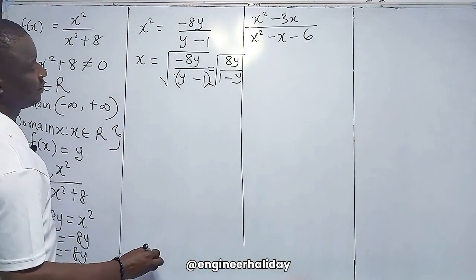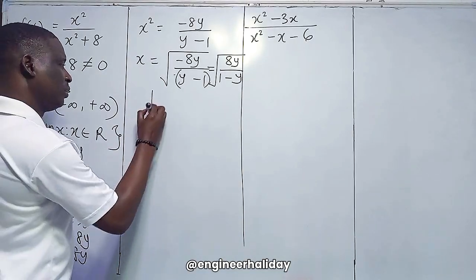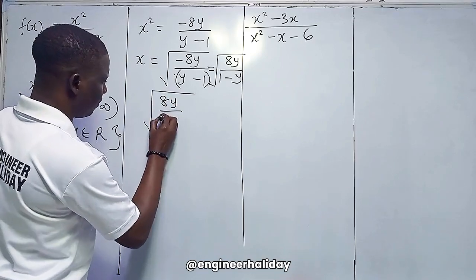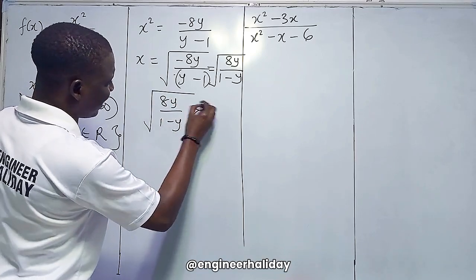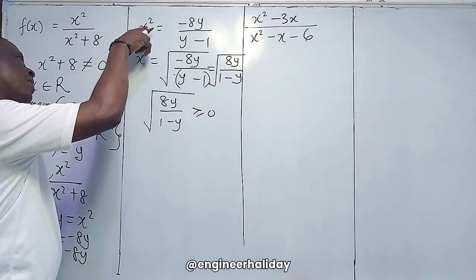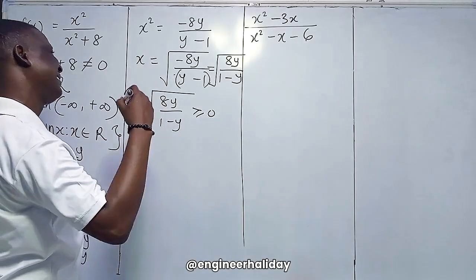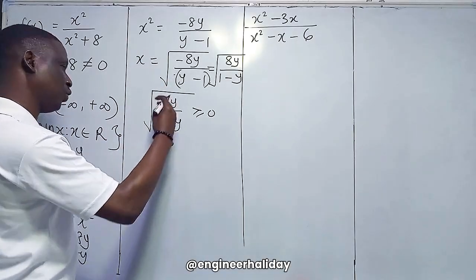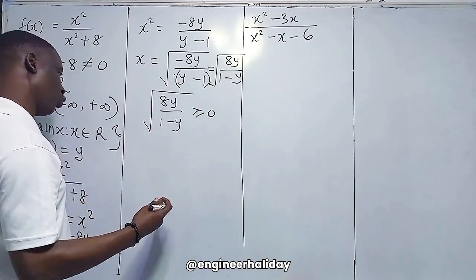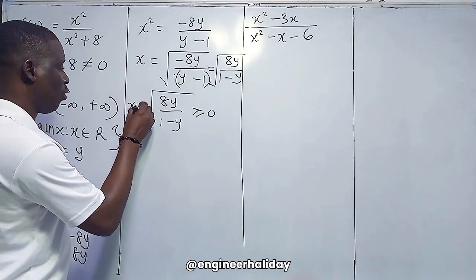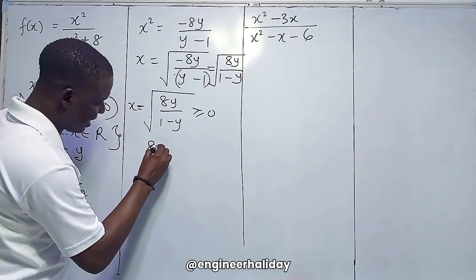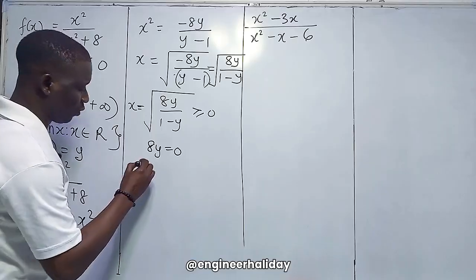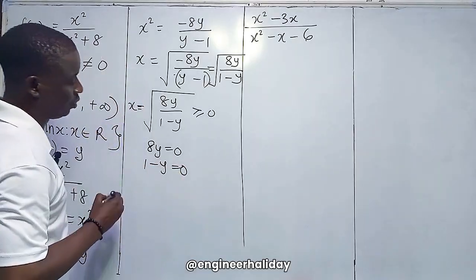Now, using the Sanchez method, this expression must be greater than or equal to 0. That means x squared, the values we are going to have for this function, should be greater than or equal to 0. So in that case, let's say 8y equals 0, using the Sanchez method, and 1 minus y equals 0.